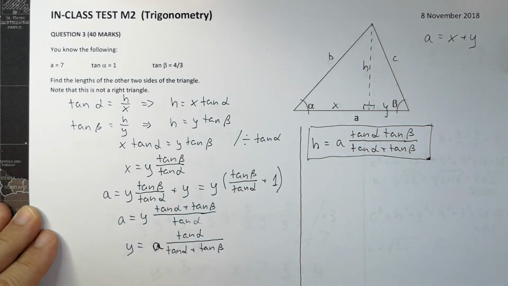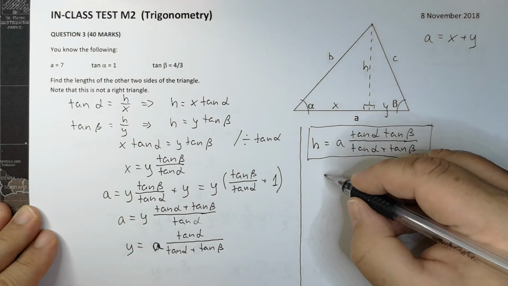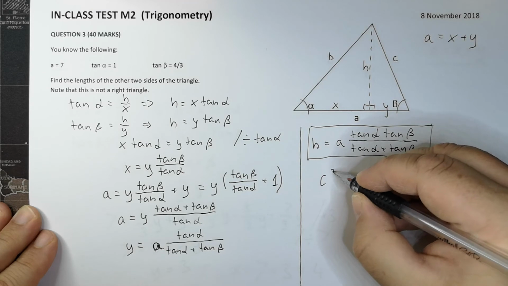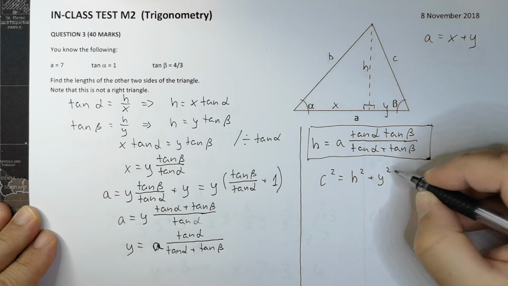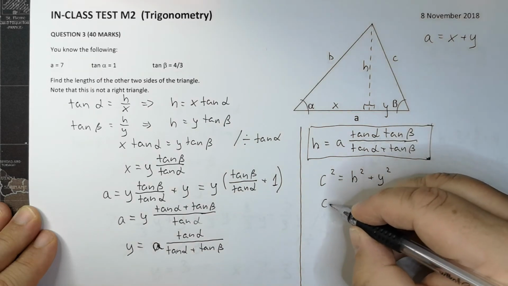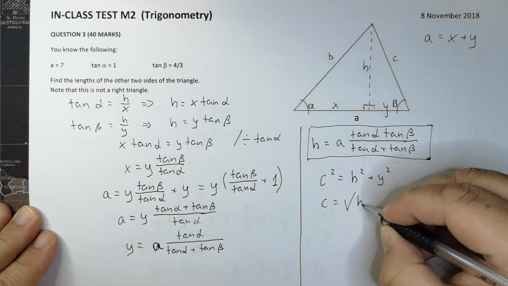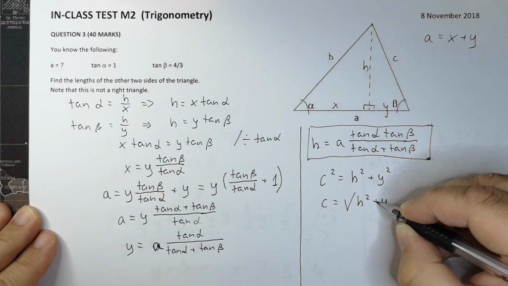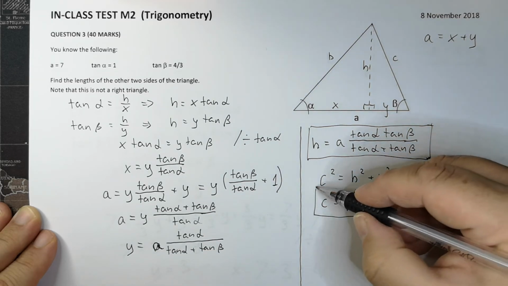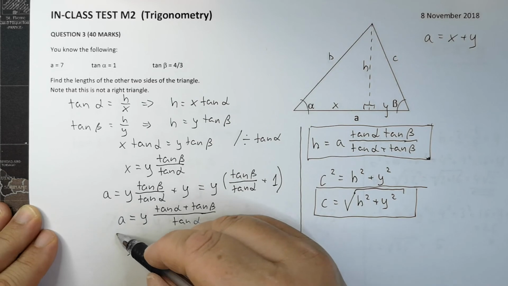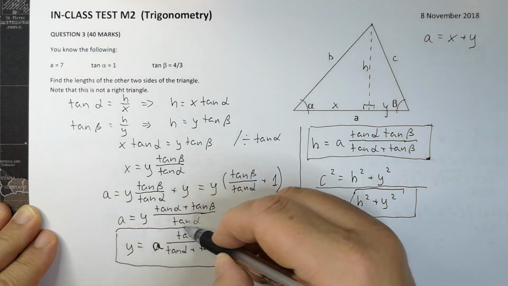And now we're ready to use the Pythagoras theorem, because we already know h and we know y, so we can easily find c. So c squared equals h squared plus y squared, and c is square root of h squared plus y squared. This is another final result, so it goes into a frame, as well as the y value, which we also have used in this equation.